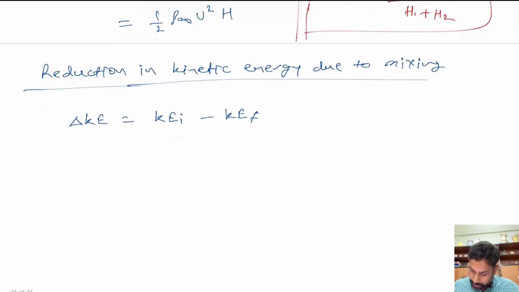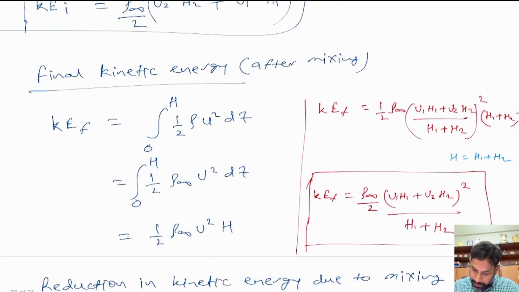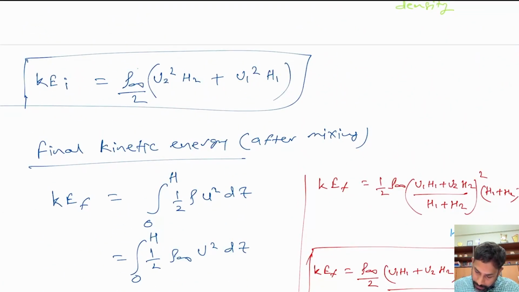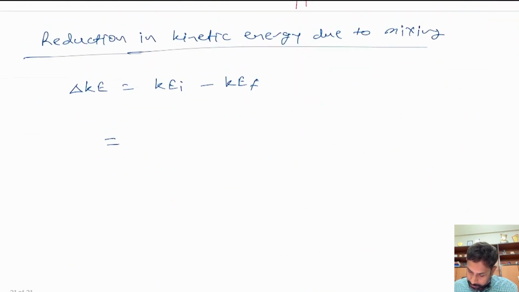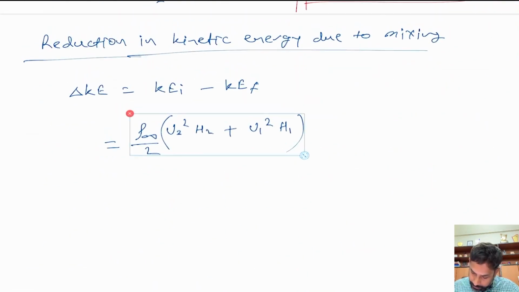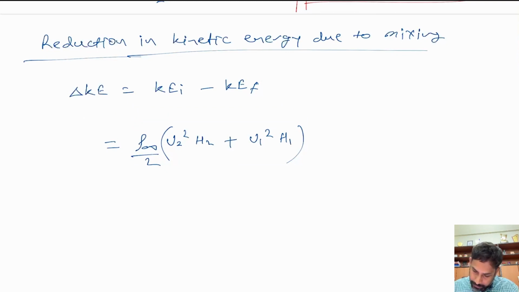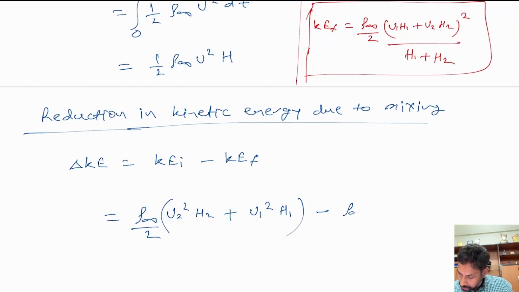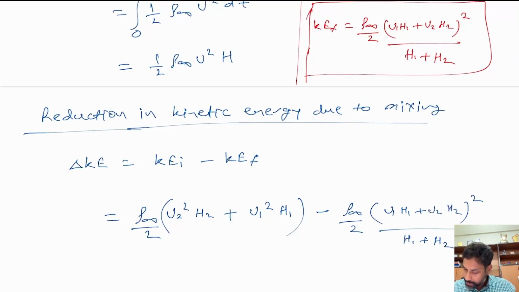It's very straightforward. So this will give us, let me simply copy this term here, minus rho infinity by 2 u1 h1 plus u2 h2 squared over h1 plus h2.